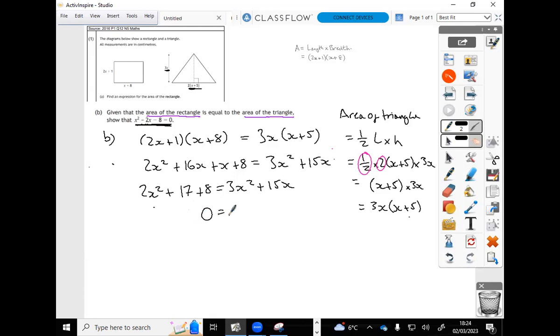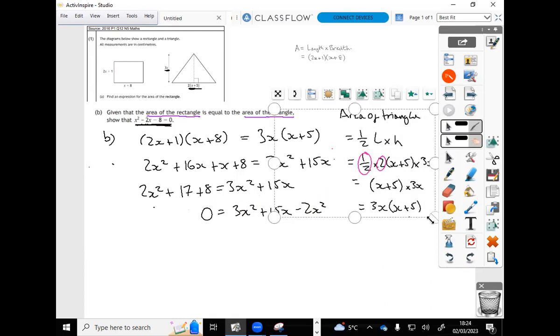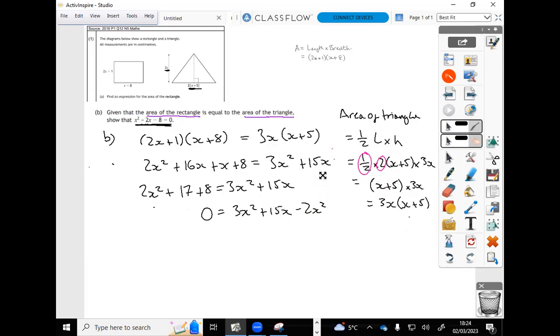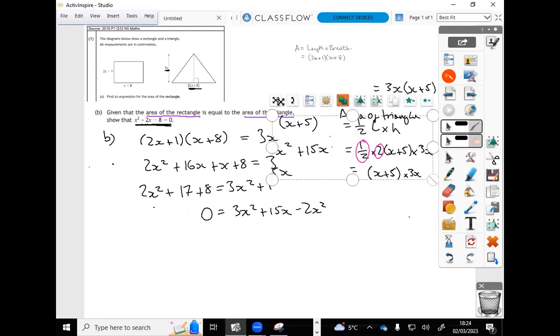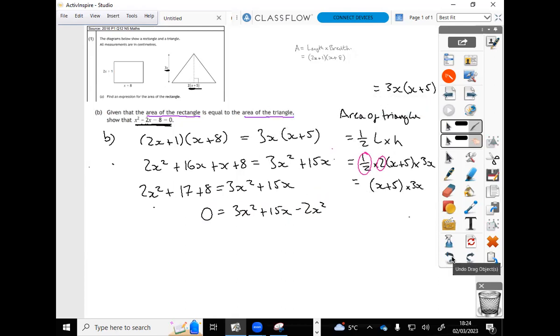3x squared plus 15x minus 2x squared minus 17x minus 8.